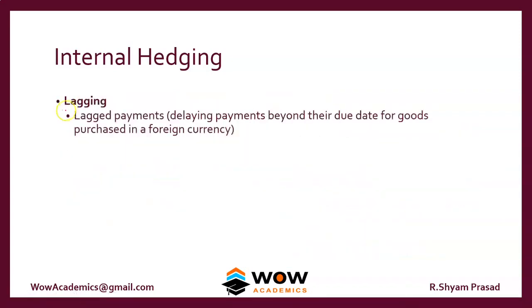The next one is called lagging. Lagged payments means delaying payments beyond their due date for goods purchased in a foreign currency. For example, assume that you have to pay $1 and the rate today is 80. You feel that if you delay it for another month, the rate might become favorable and you only have to pay 70 rupees to get the dollar and pay it to the foreign company.